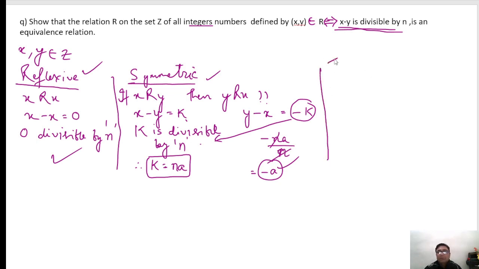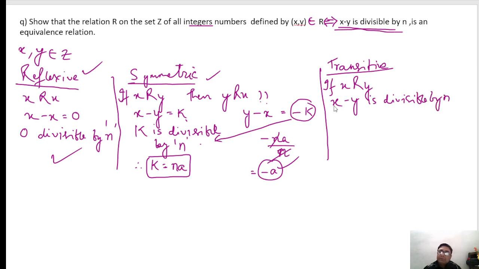Next, come to the transitive. If x R y, that means x minus y is divisible by n, they are telling. That means let me take x minus y as kn.